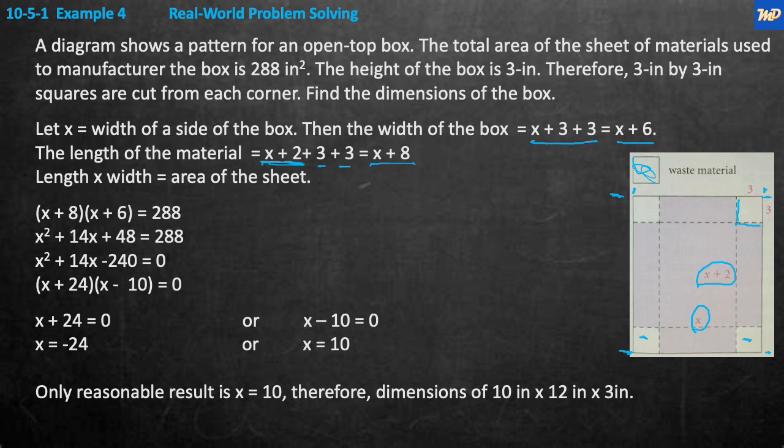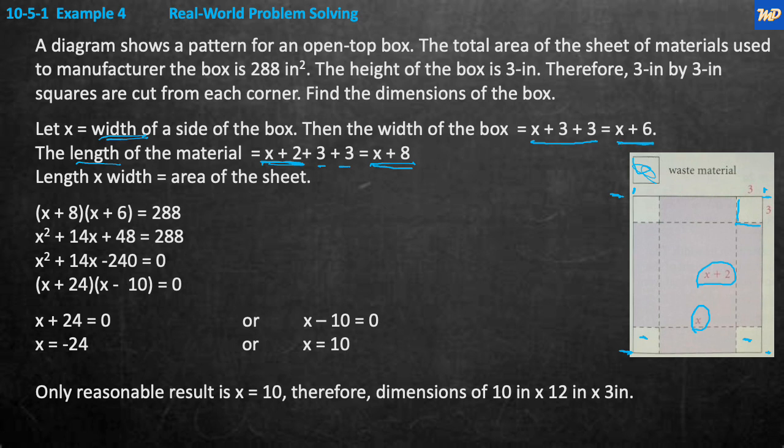So these are our two terms. We said let the length equal x plus 8, and the width of the box equal x plus 6.